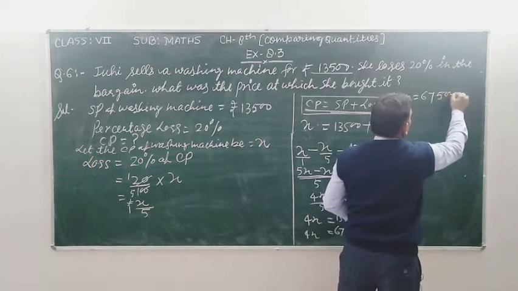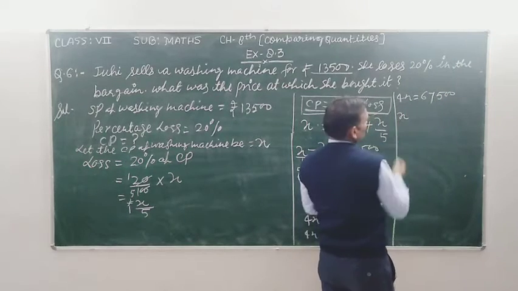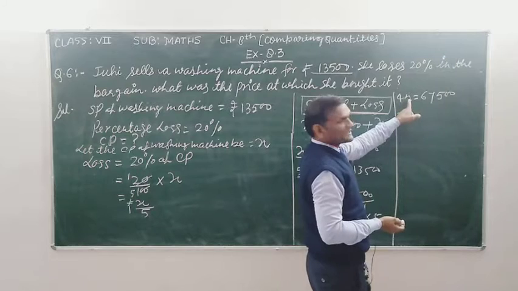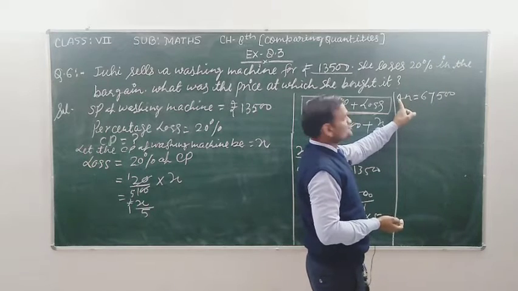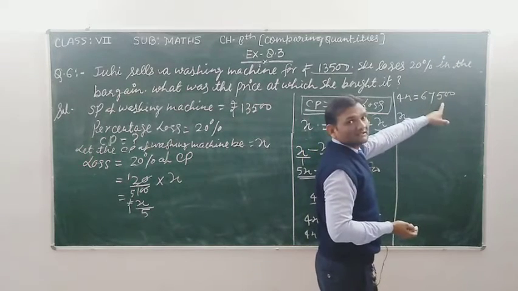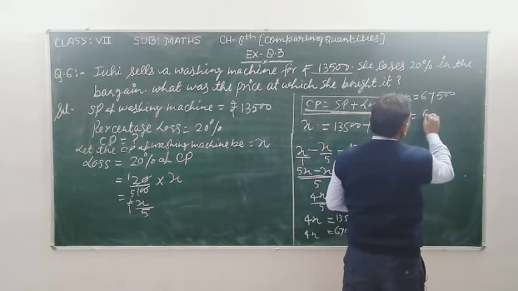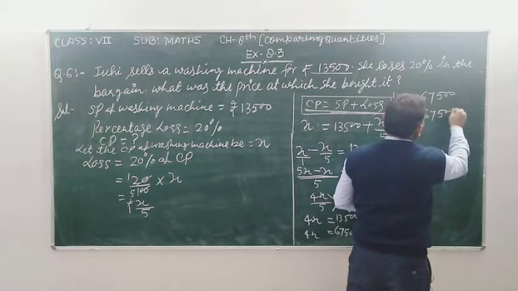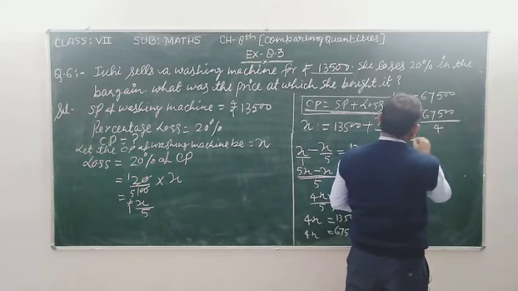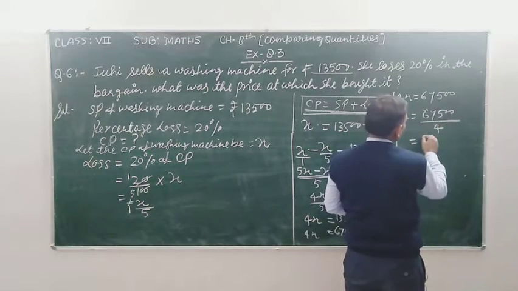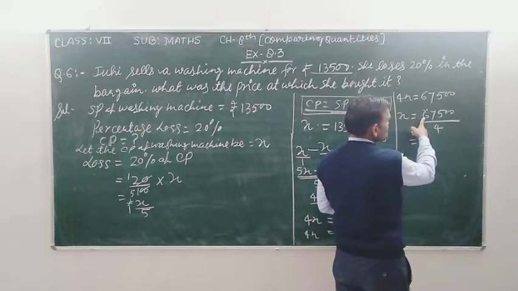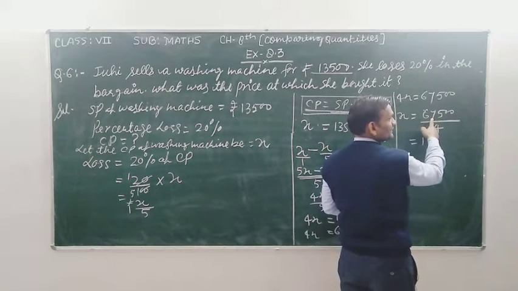So the value of x, student: 4x is equal to 67,500. So x is equal to, you know, here 4 and x are multiplied to each other. So we are going to transpose 4 to the right side. So we have to divide. So x is equal to 67,500 upon 4. Now divide it. 4 ones are 4, 4 sixes are 24, that is 27.